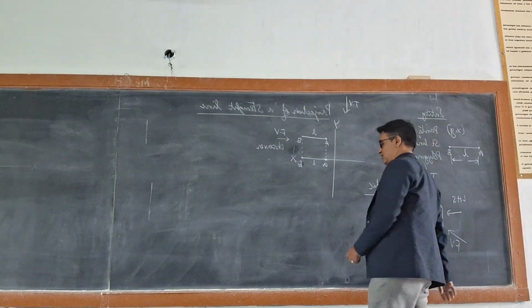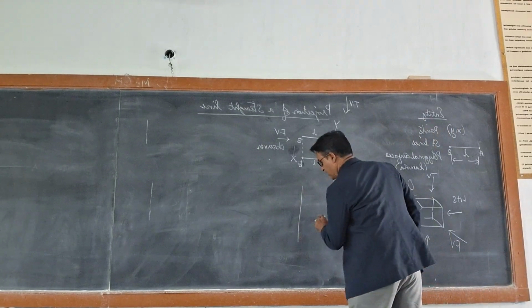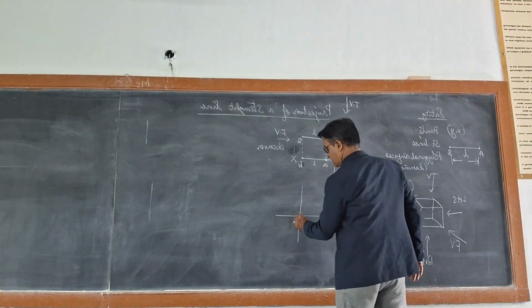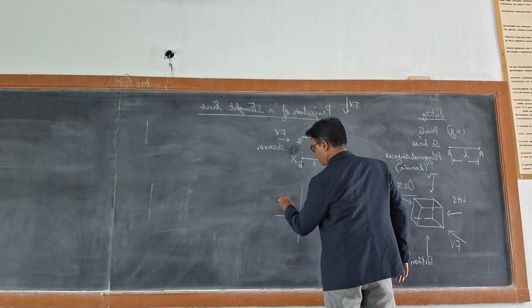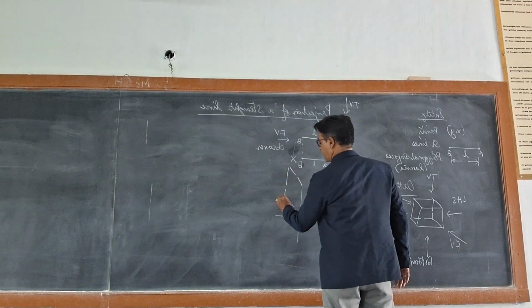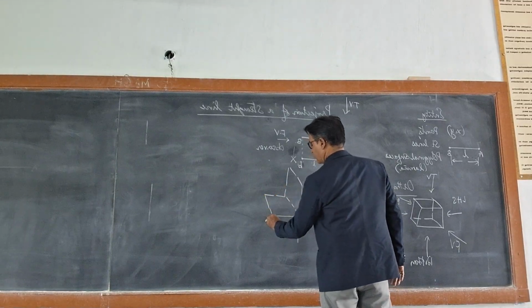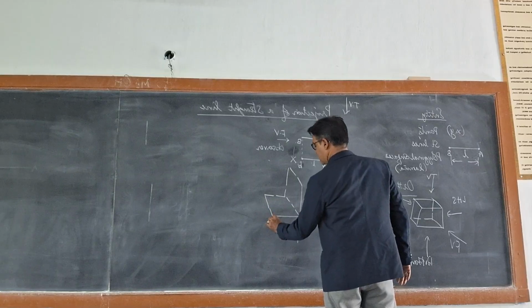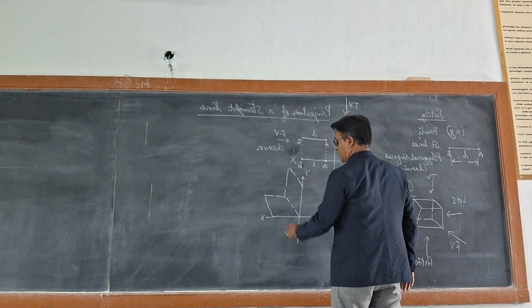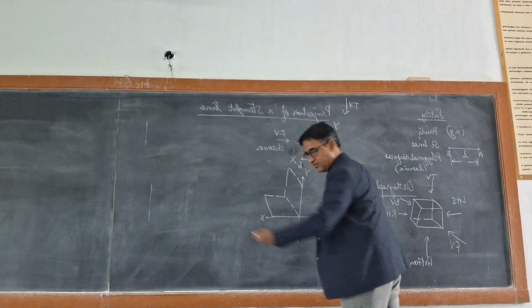So what I'm going to do is convert this into a planar section. So this is say X, this is Y, and this plane is the horizontal plane, right?